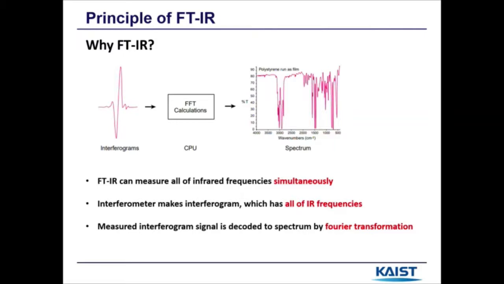This difference comes from a simple optical device called an interferometer. The interferometer produces an interferogram which has all the infrared frequencies encoded into it. The signal can be measured very quickly, usually on the order of 1 second. Then the interferogram is decoded to a frequency spectrum by a mathematical technique called Fourier transformation.